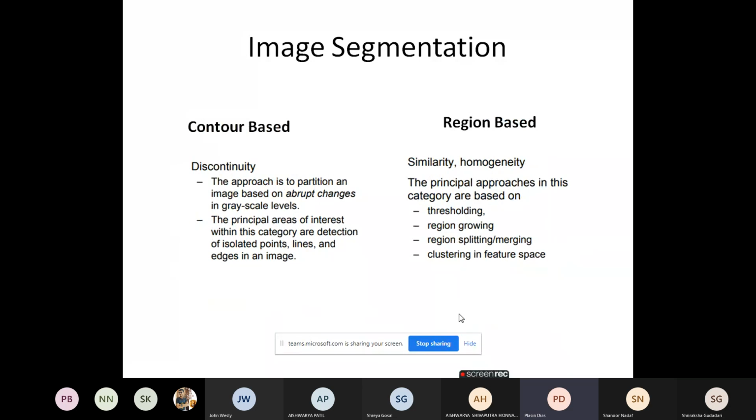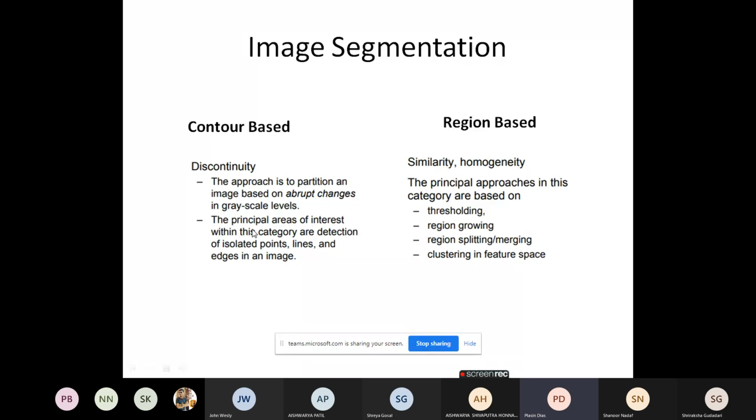One more, how to compare edge based and region based aspects. As I said, the discontinuity property you have to check here, whereas here you are checking for similarity and homogeneity. That's why we have three different approaches. One is region growing, then region splitting and merging, then the last one is clustering, which has to be covered. And thresholding, which we have already learned.